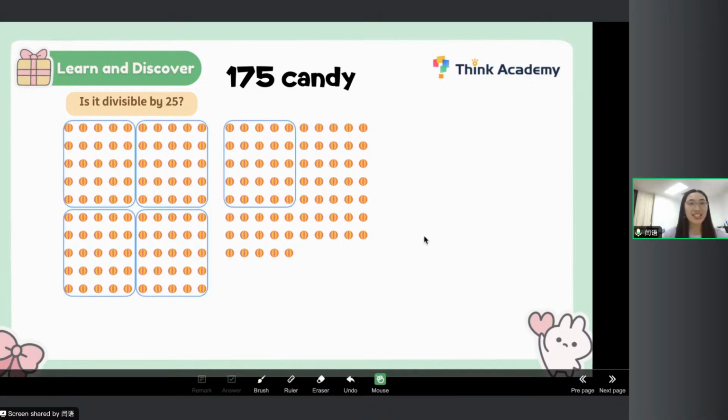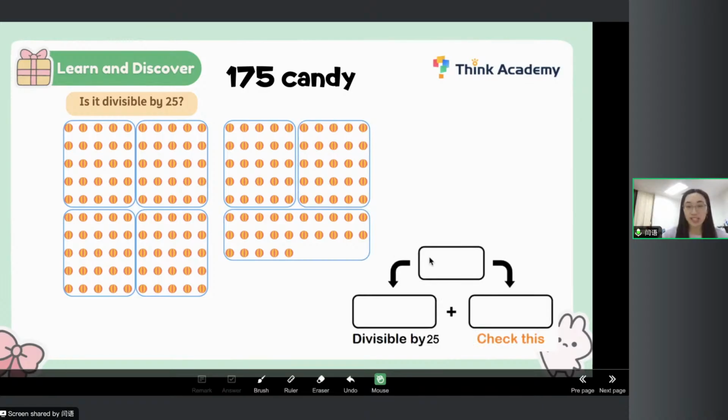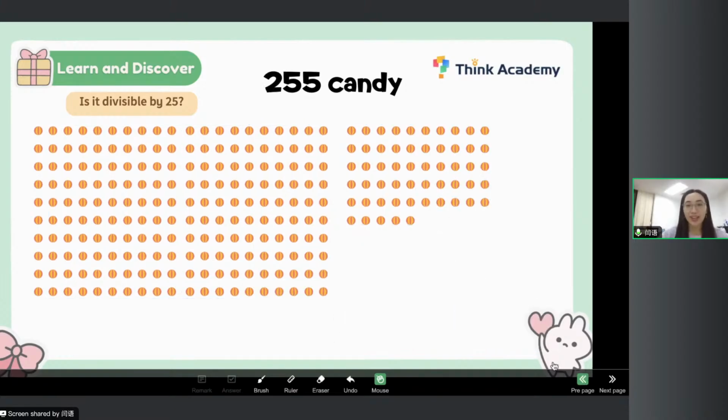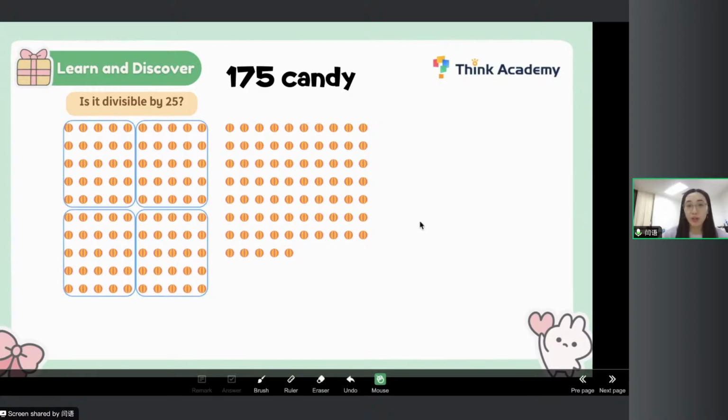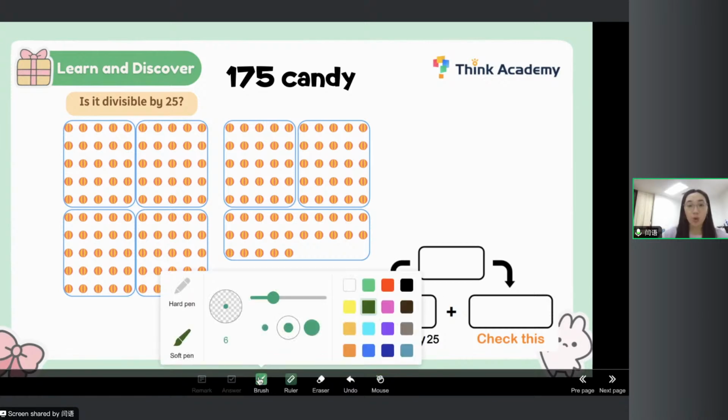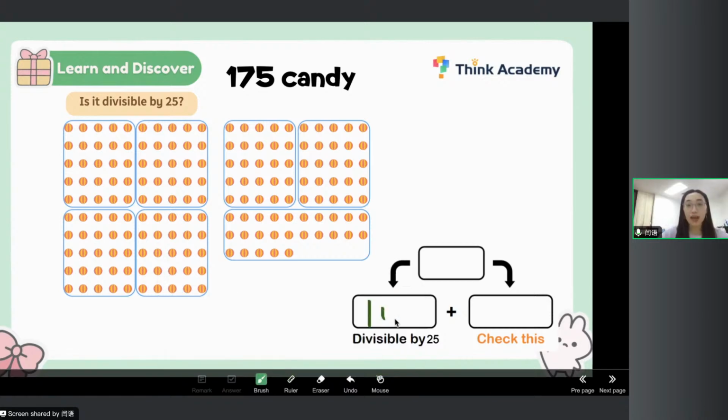So here you can see that we have 25, 25, 25, right? So again, how do we split the number? When we try to split the number, for 175, we just split it into, the left side, 100, right? And then for the right side, we can just split it into 75. So 100 must be divisible by 25. So we only need to check 75, also the last 2 digits.